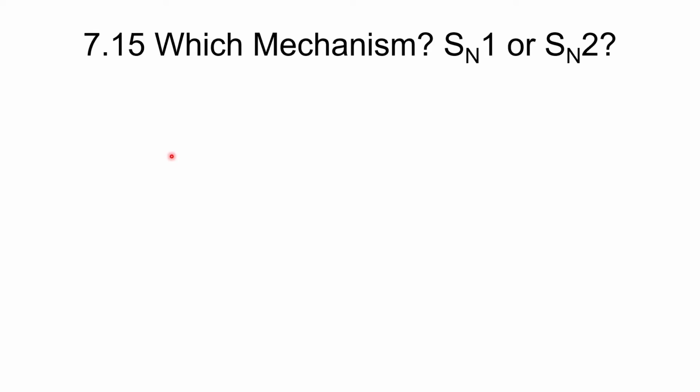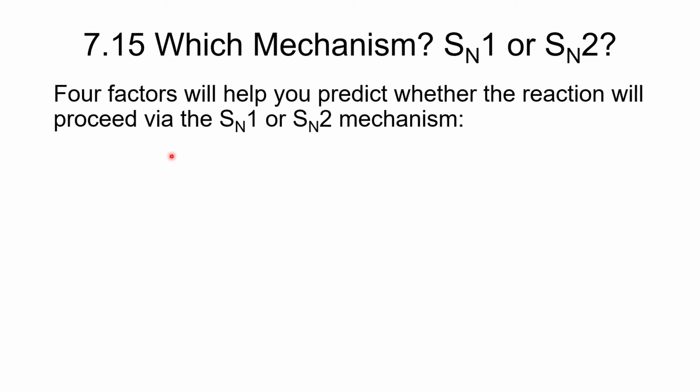So now we want to use what we have learned about our mechanisms to determine which one is going to happen. But to do that, we need to look at 4 different factors. Most of this is a review of what we've talked about in this chapter.